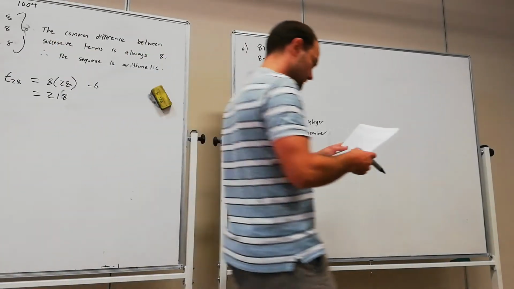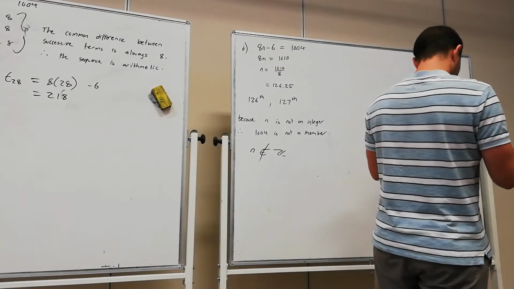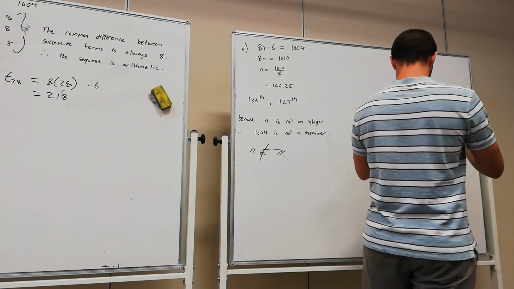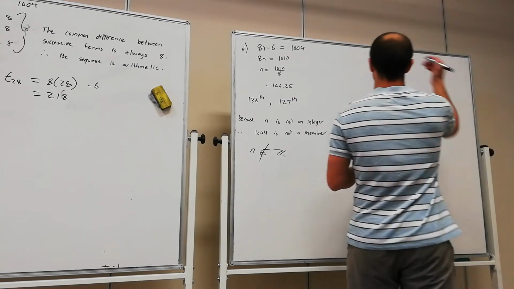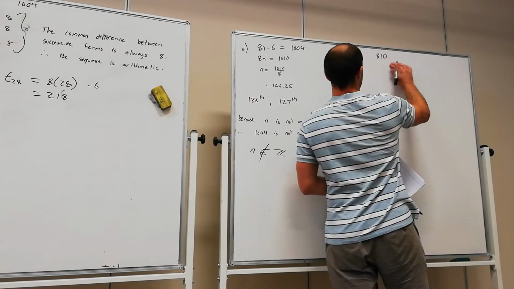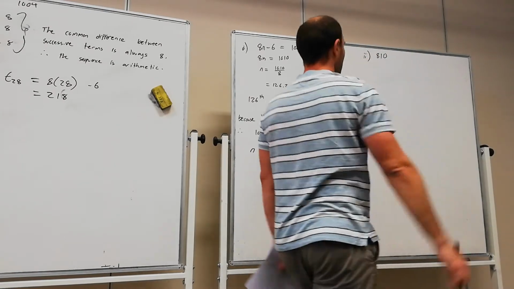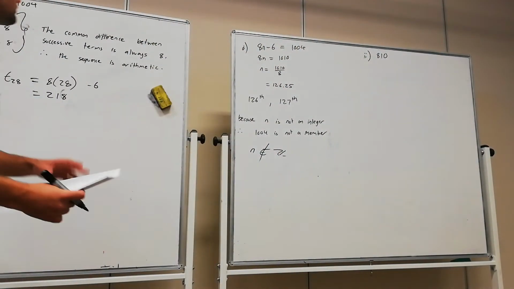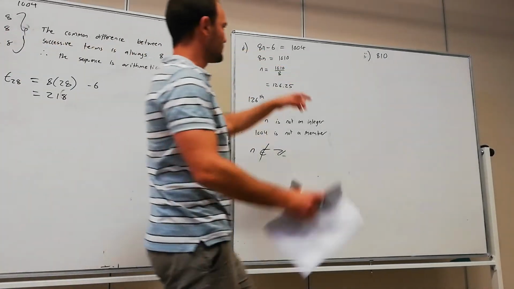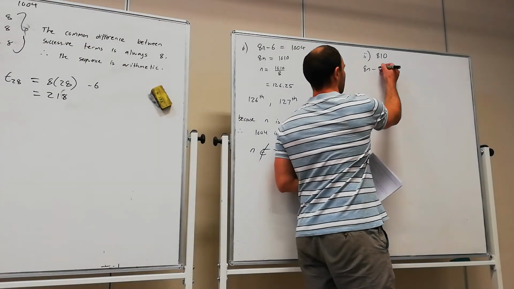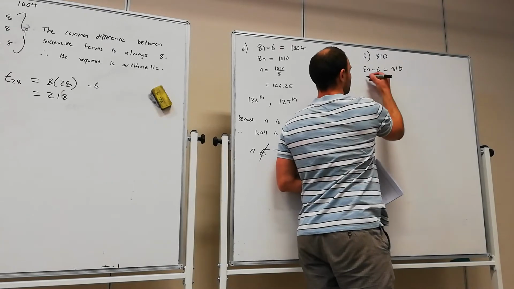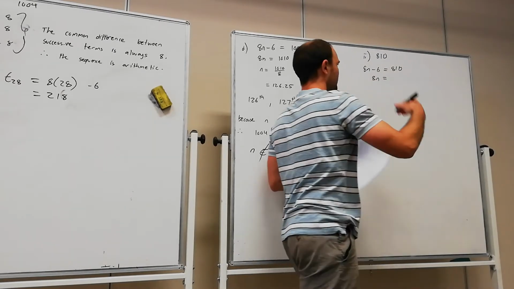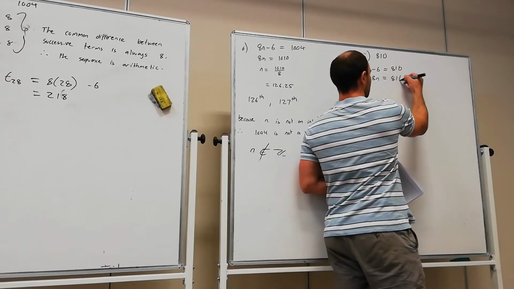How about 810? Is 810 a member of the sequence? This is part 2. Same deal, we could just map out the sequence the whole way, or we can use our formula. So we've got 8n take 6 is 810. Add 6 to both sides, we'll get 816.